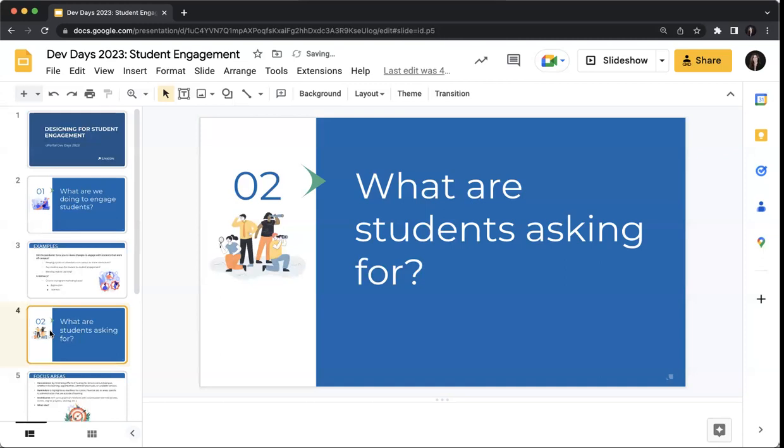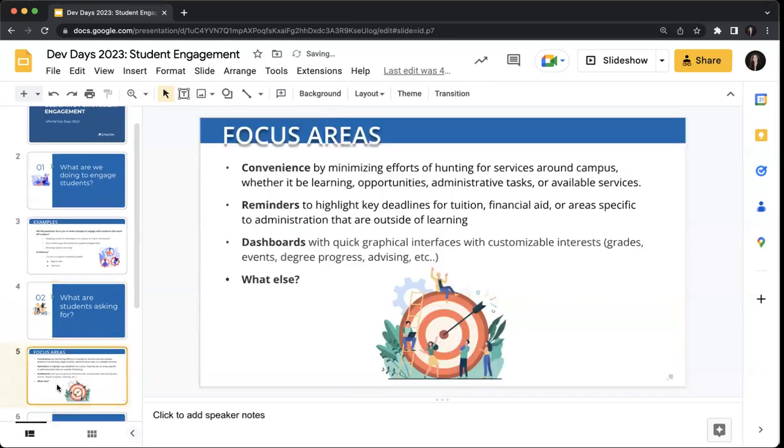Yeah. So another question here is, what are students asking for the most, if anything? There are some focus areas.